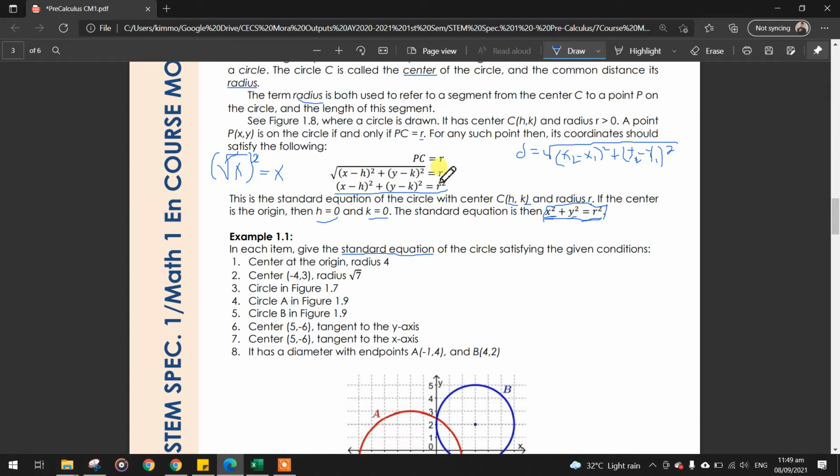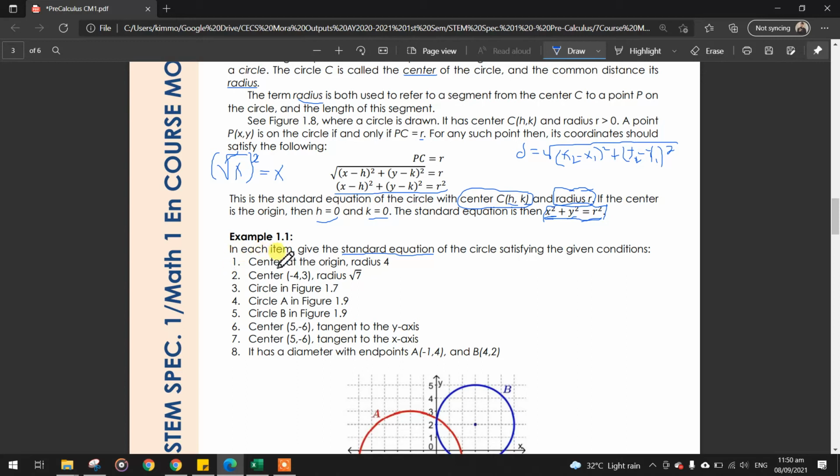So that's all we need to take note of. In finding the standard equation, what should we find? First, the center, the coordinates h and k, and second is our radius r.